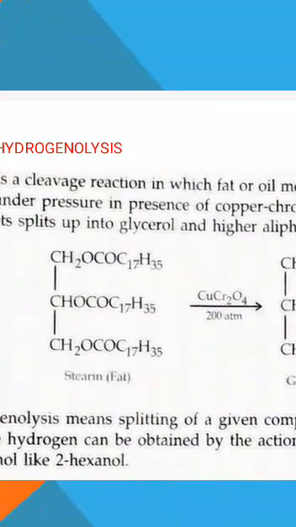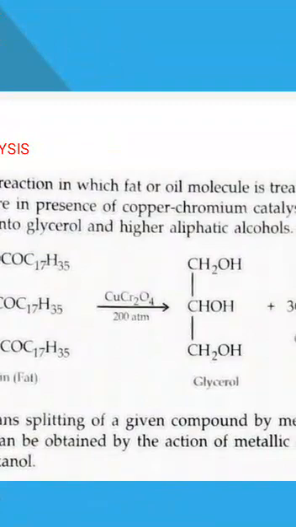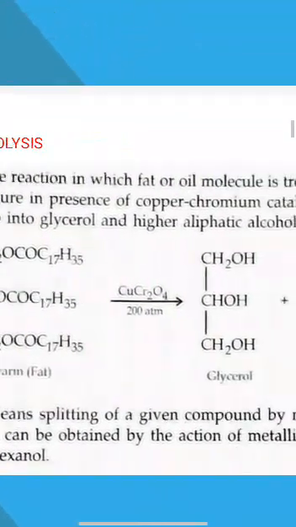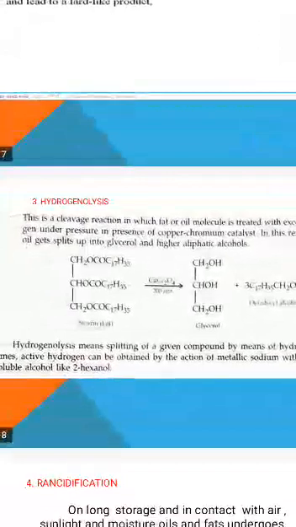See here the example, tristearin. When it undergoes hydrogenolysis by addition of hydrogen under pressure in the presence of a catalyst like copper chromium oxide, this tristearin fat is converted into glycerol and a higher alcohol, that is octadecyl alcohol. That means after hydrogenolysis, fats and oils are converted into glycerol and higher alcohol.